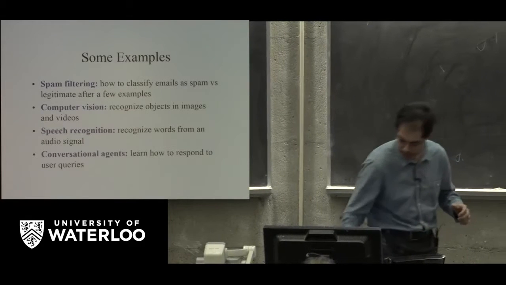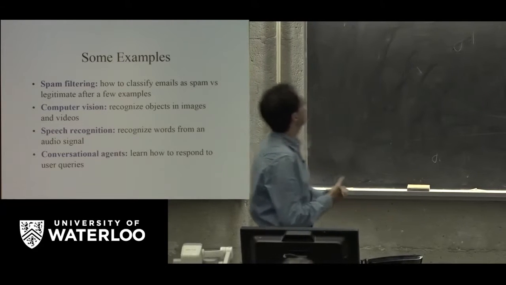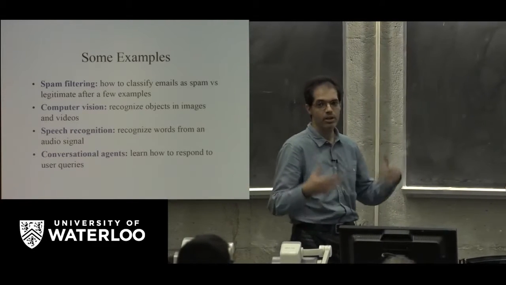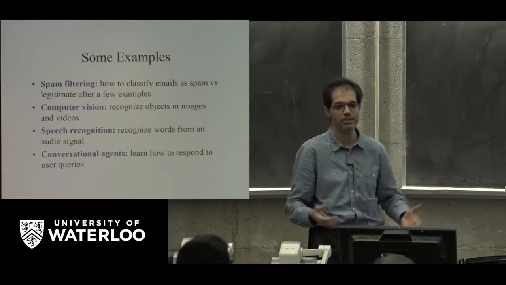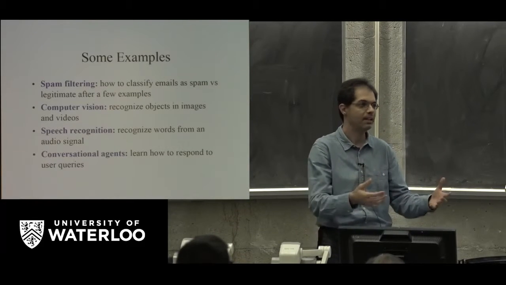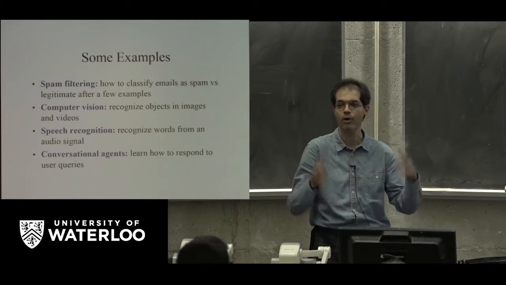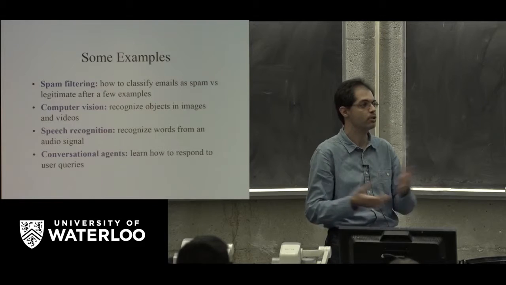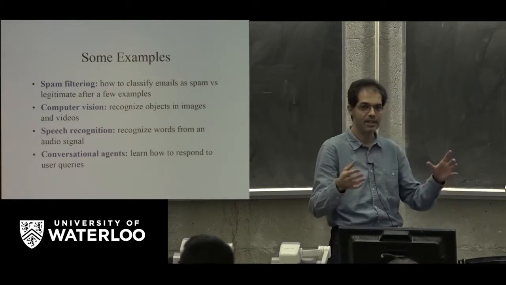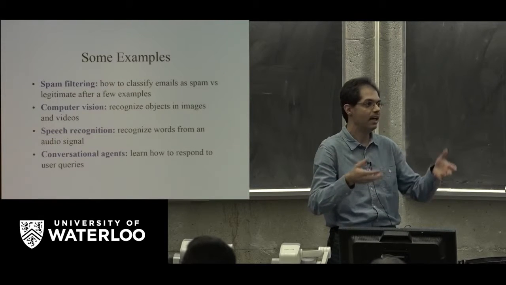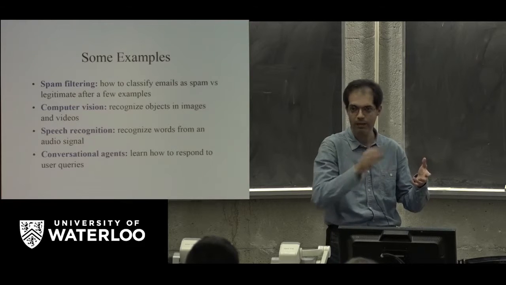Okay, so to give you some examples of what I mean by machine learning, there's lots of applications. Perhaps the most common one that you deal with every day is whenever you receive some spam emails, then you might have a filter that will help you to automatically discover which emails are spam versus which ones are legitimate. And this is a good example where you receive these emails, and then you might be able to tell the computer which ones are spams or not manually.